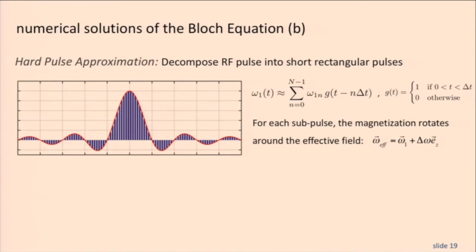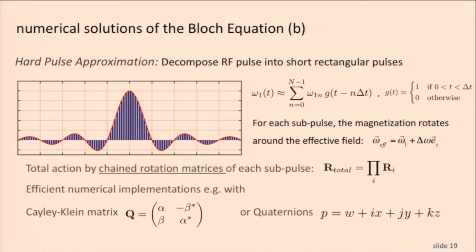What that reduces the problem to is simple rotations, which can be chained up through multiplication of matrices, and this is either done with 3x3 rotation matrices, or more efficiently with so-called Cayley-Klein matrices or a quaternion approach. Also, that is available in many different programming languages.